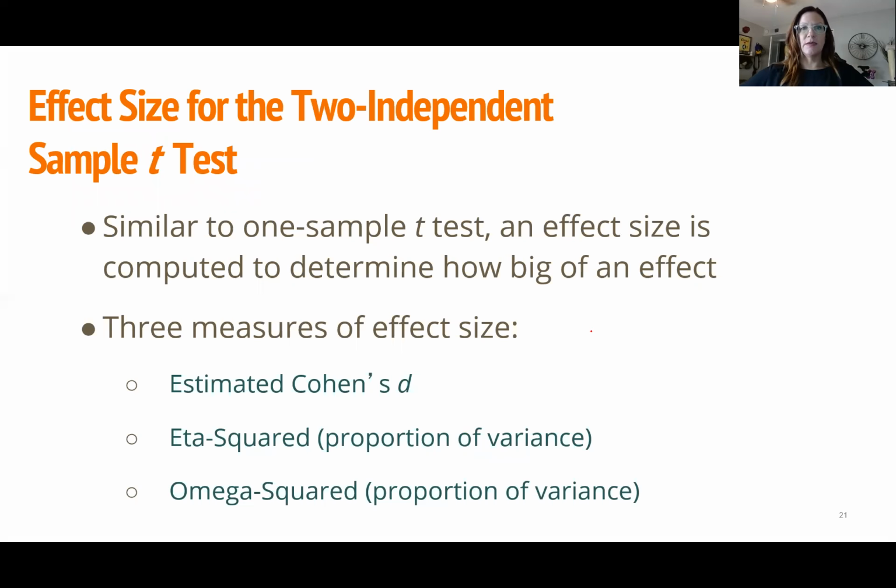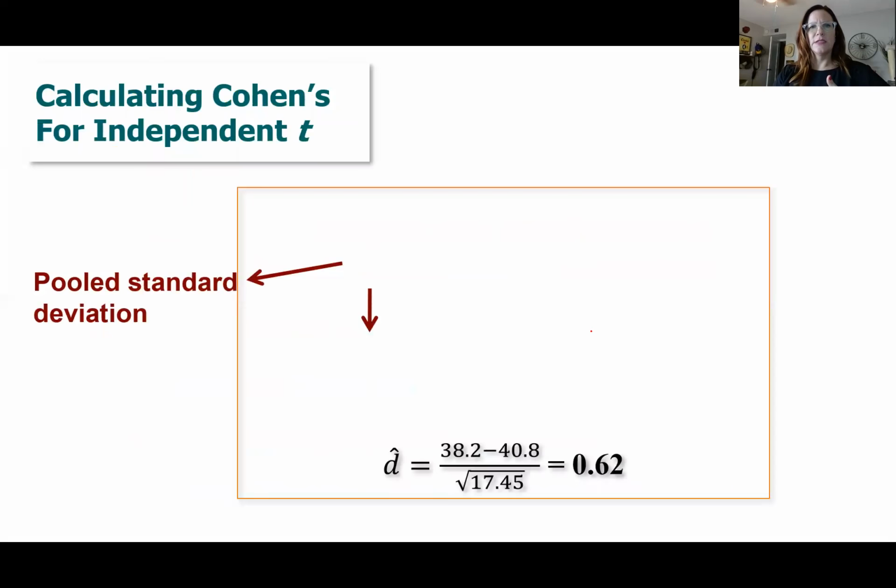Cohen's d is the most common, and it's computed to basically determine how much the independent variable affects the dependent variable. So we'll look at these 3 different tests. Ooh, good grief, my little things are not showing up very well. So I'm going to show you right here our pooled standard deviation.